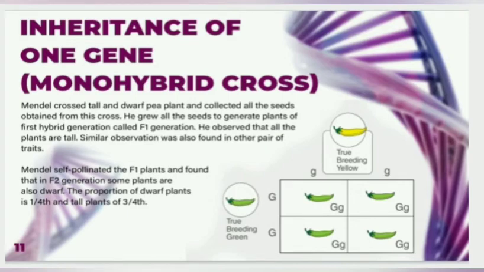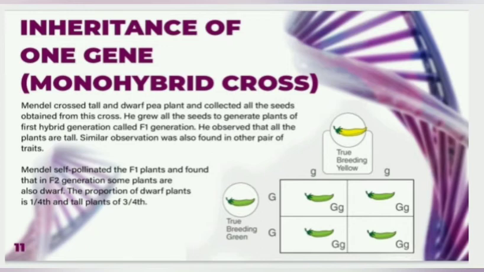Inheritance of one gene, monohybrid cross. Mendel crossed tall and dwarf pea plants and collected all the seeds obtained from this cross. He grew all the seeds to generate plants of the first hybrid generation, called F1 generation. He observed that all the plants are tall.